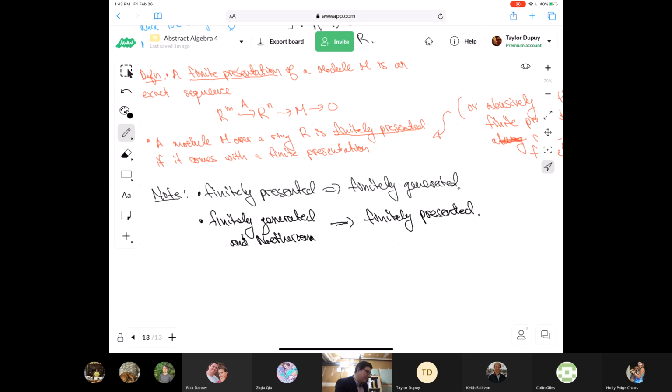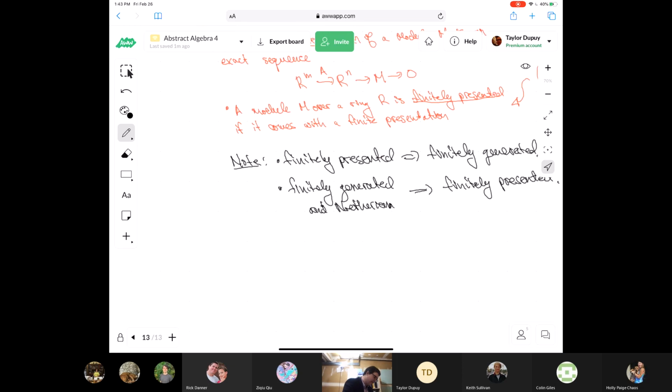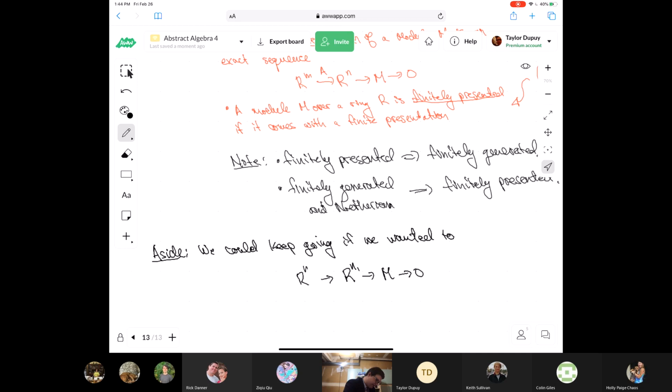There's another way. As an aside, there is the kernel of the kernel, right? We could keep going if we wanted to. And so then you have M0, this goes to R, and let's just use letters now, R to the N2.